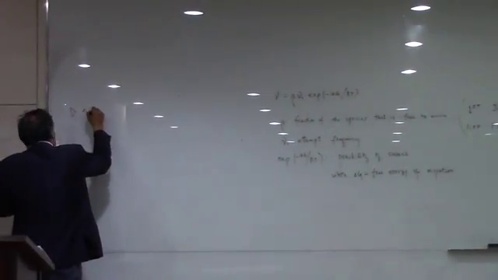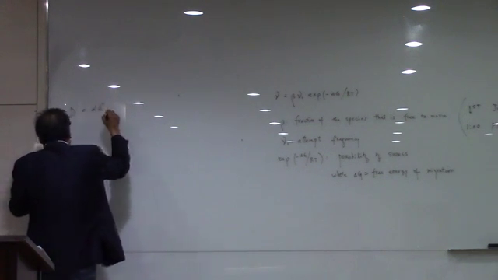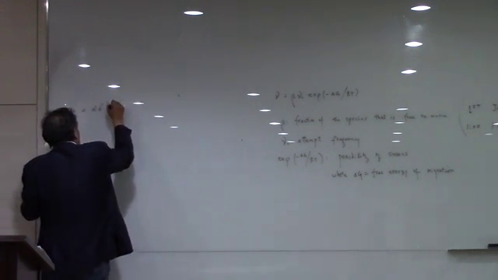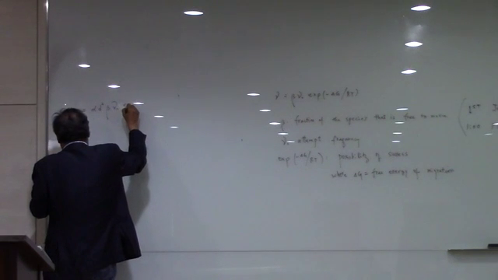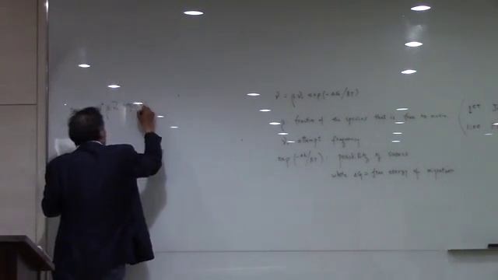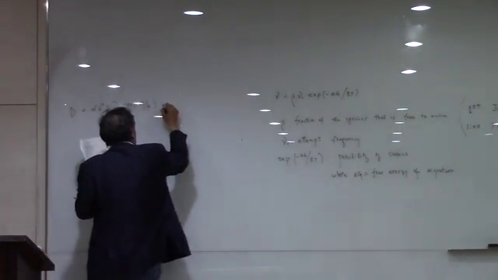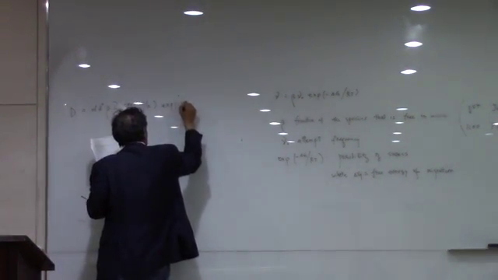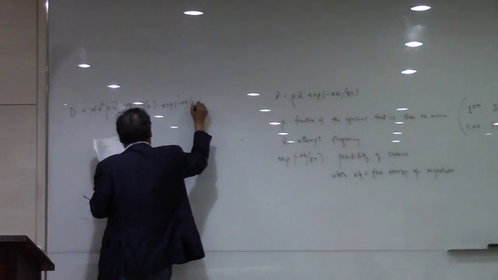D now is alpha d square beta nu naught exponential delta S over R exponential minus delta H over RT.